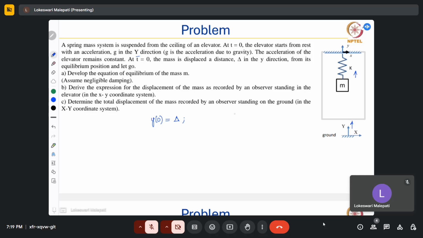And also, let's draw the free body diagram of this mass. We have this mass m. On this, there is only one force acting in the downward direction, which is ky, because we have pushed it upwards, so it will be acting downwards.